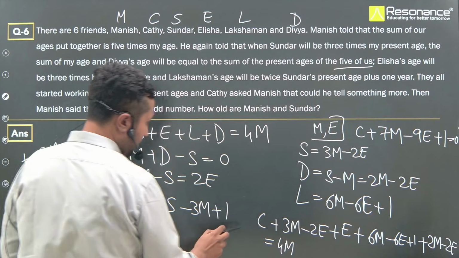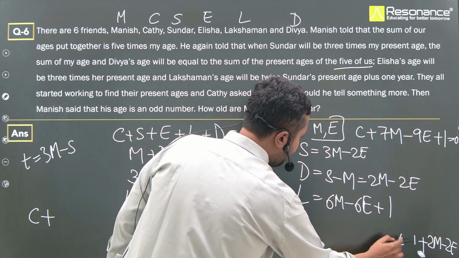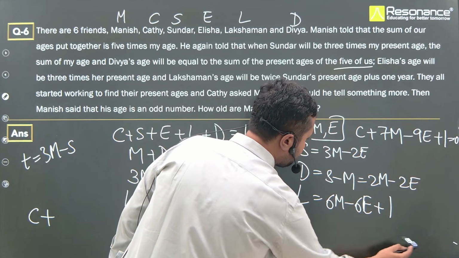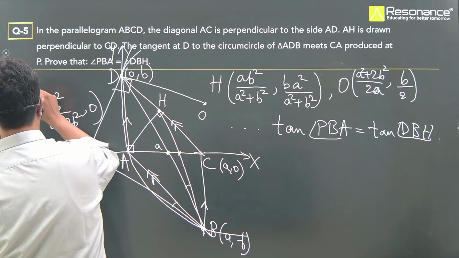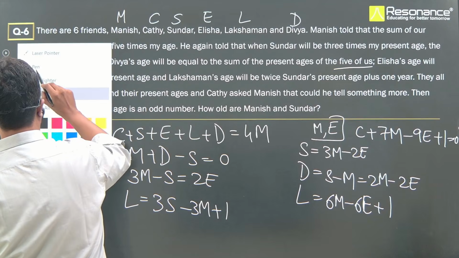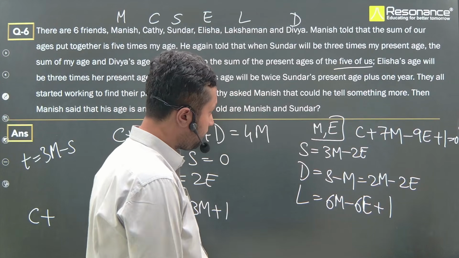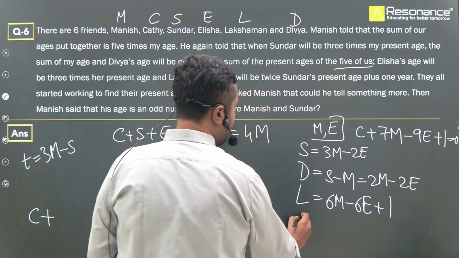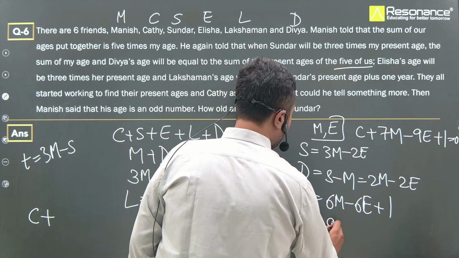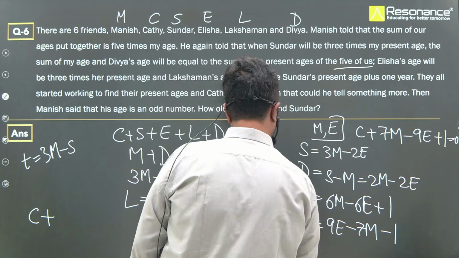So now check this out. We could write all the ages in terms of M and E. Now the only condition is, okay, I can send all these things to the other side. I'll have C is equal to 9E minus 7M minus 1, right?